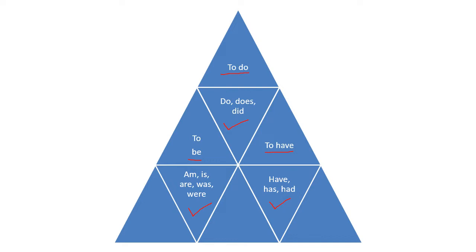And you people have used the primary auxiliaries also, but you might not have used the term primary auxiliaries. Right? Everybody knows do, does, did, am, is, are, was, were, have, has, had. Everybody knows these verbs. And you might have used them. But that we call them primary auxiliaries must be a new thing for you. And that's why I told the primary auxiliaries to you people. Let's move ahead.